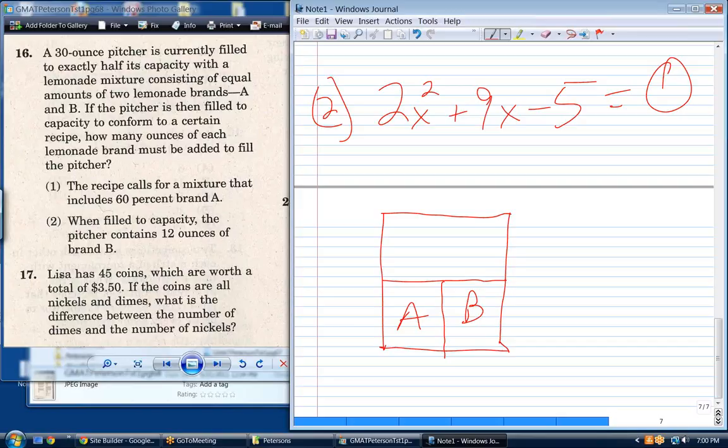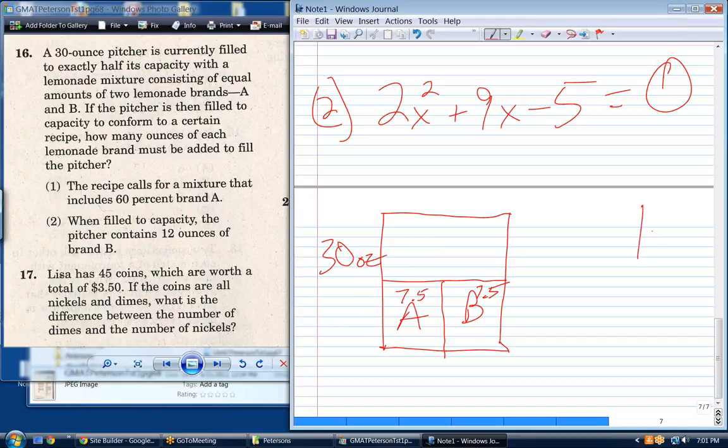Hold on. Well, here's our pitcher, 30 ounces. It's half filled, with half of each brand, so there's 7.5 of A and 7.5 of B to start with. The recipe calls for a mixture that includes 60% A, so when I fill this whole thing up, I need 60% of it to be A. What's 60% of 30 ounces?